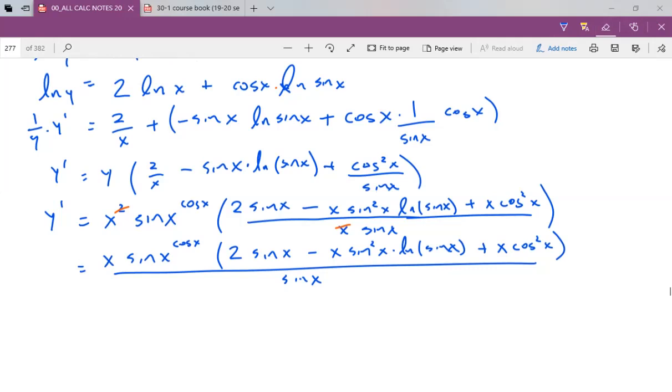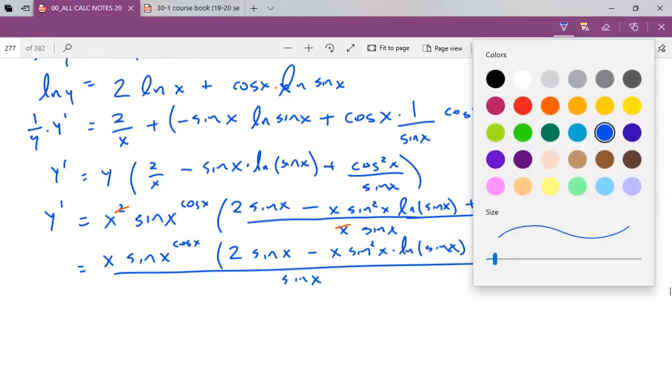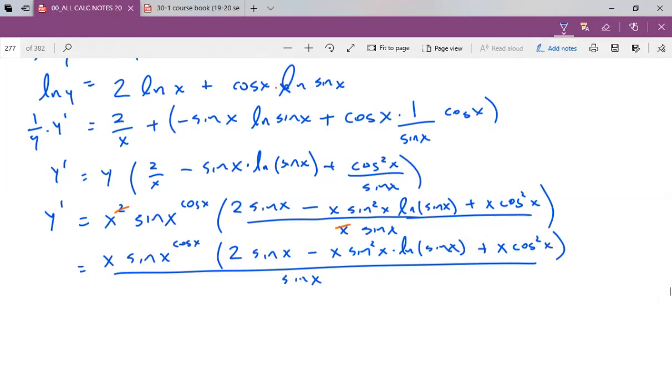And the last thing I want to mention is the factor of sine x to the cos x here, and downstairs we have sine x to the 1. Think about what would happen if the numerator was sine x not to the cos x, but to the 4.